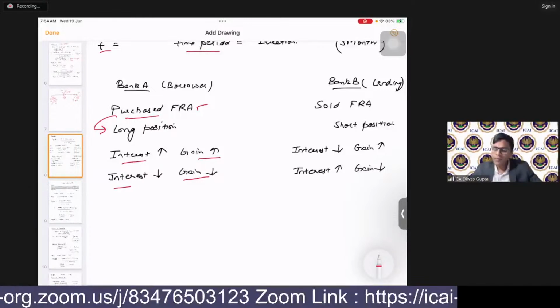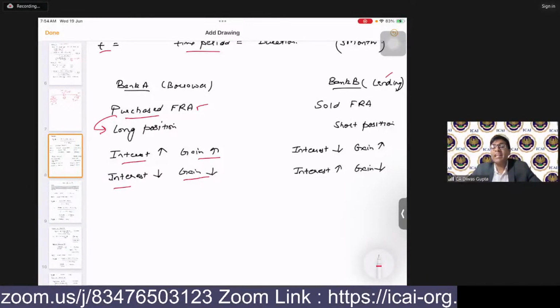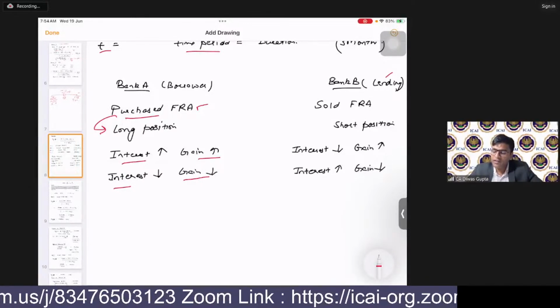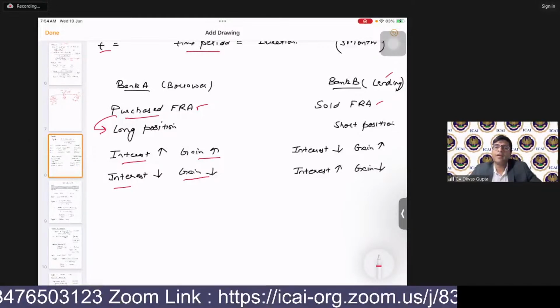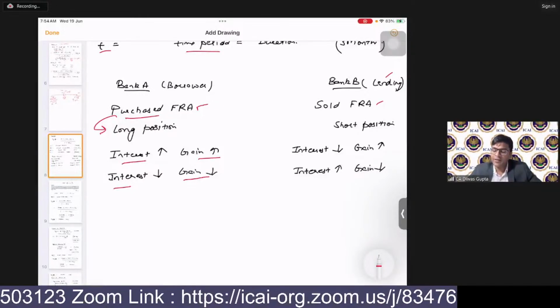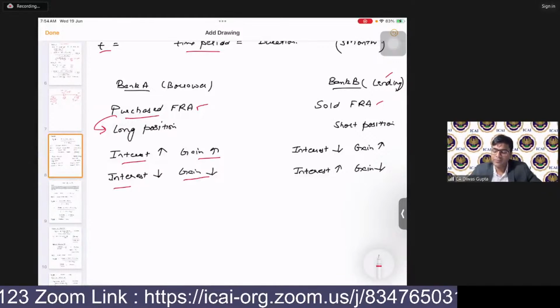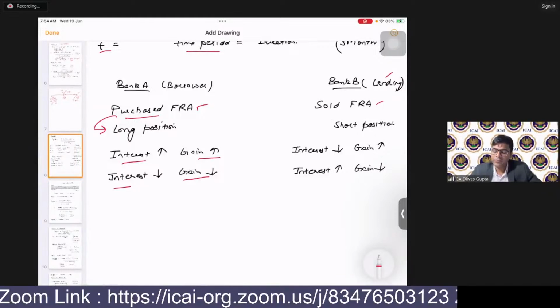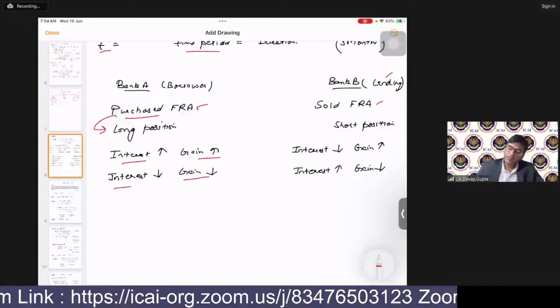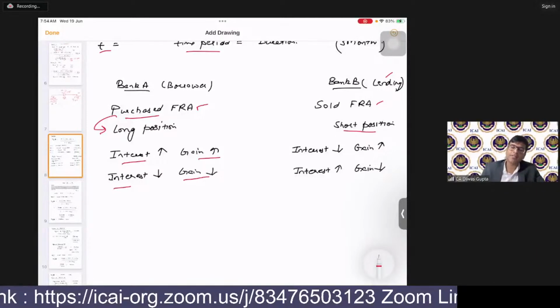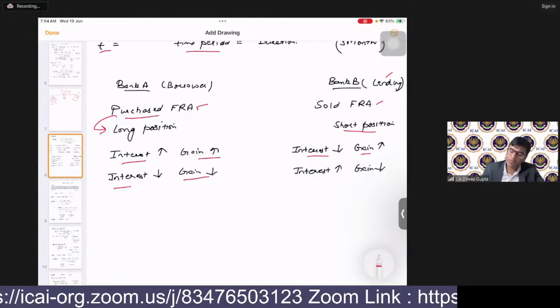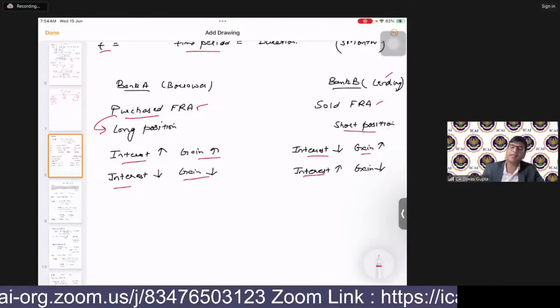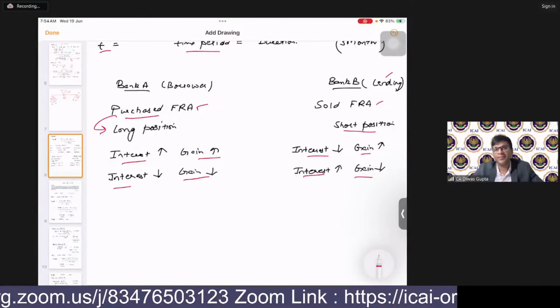Simple. Bank B, from a lending perspective, we call them as they have sold the FRA. They have short sold the FRA. We call this a short position, students. In this, if interest rate goes down, gain goes up. Interest rate goes up, the gain goes down, students.